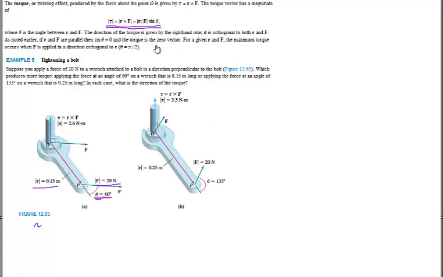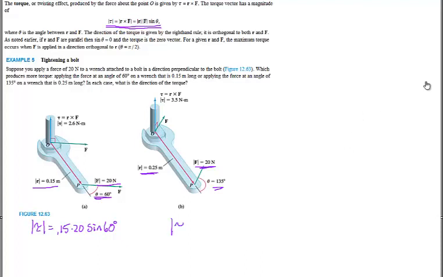So for the magnitude of that torque, it'll be the cross product, but we're already given everything in terms of magnitude, so it makes it pretty nice. It's just going to be the 0.15 times the 20 times the sine of 60 degrees. Same thing over here. They've given us the magnitude of that arm length, the magnitude of the force, and the angle in between.